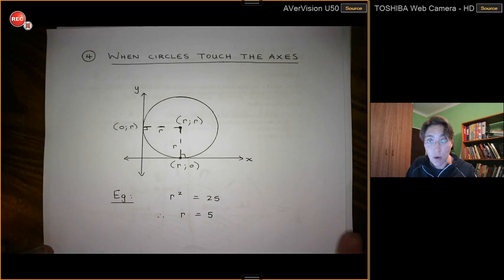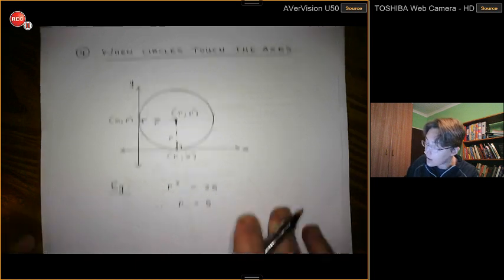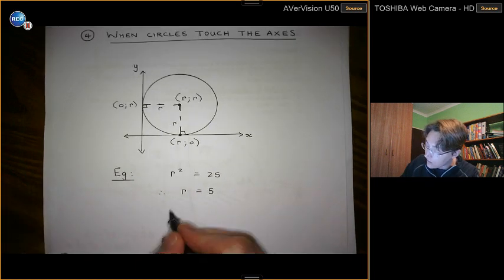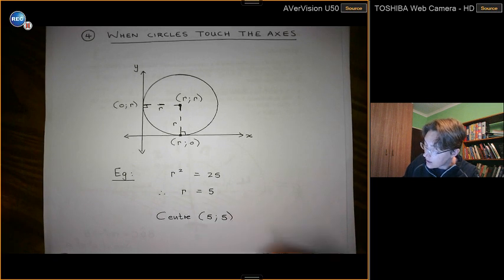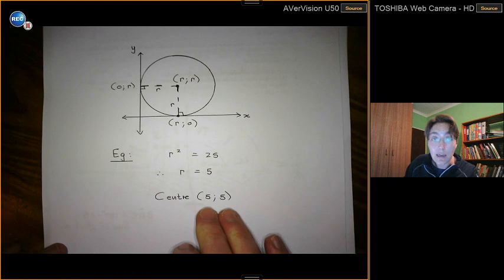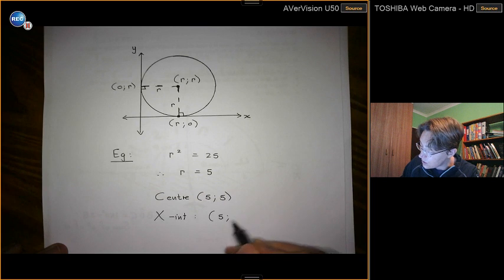Remember, radius is always positive. So normally we'll put a plus minus there, but in this case the radius is 5. Then we know for a fact the center of the circle is the point (5, 5), and the x-intercept of that circle is going to be the point (5, 0), and the y-intercept of that circle is going to be the point (0, 5).